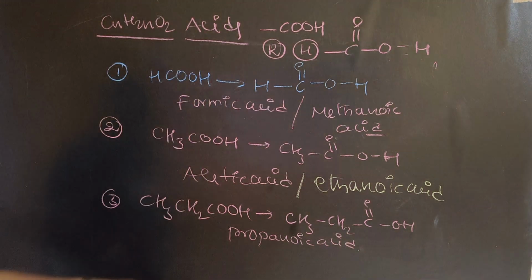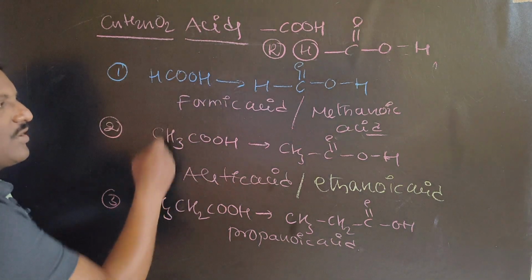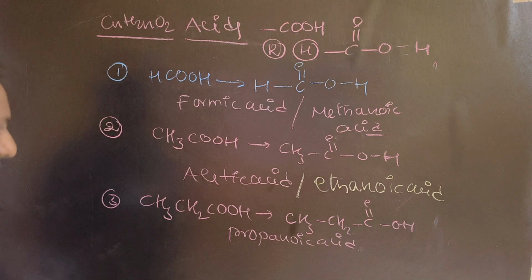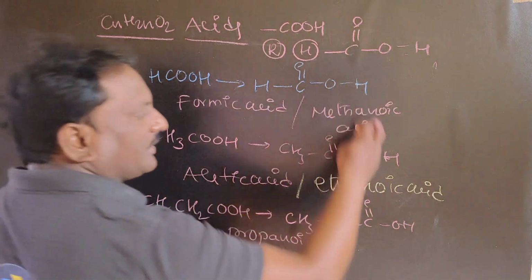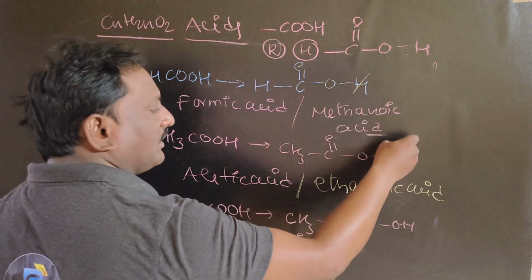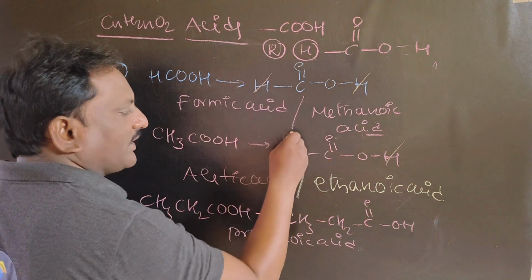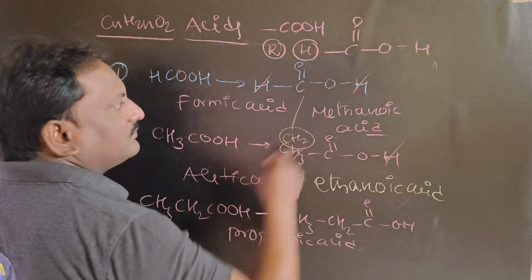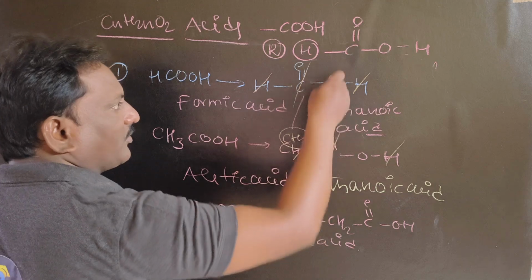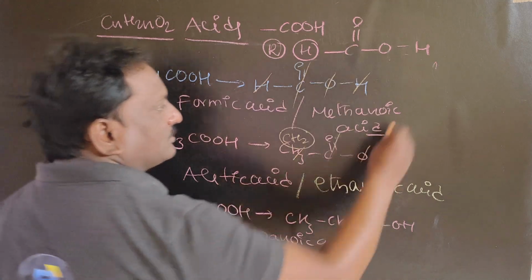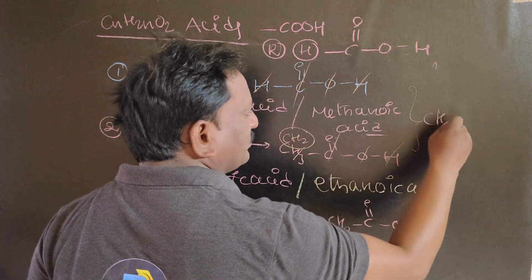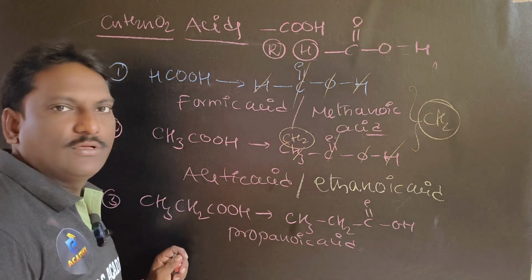Let us check the difference between these two successive compounds. Let me strike out the common elements. Hydrogen, hydrogen, hydrogen. From here one hydrogen becomes CH2, the C double bond O group, oxygen. So the difference between these two is a CH2 group.